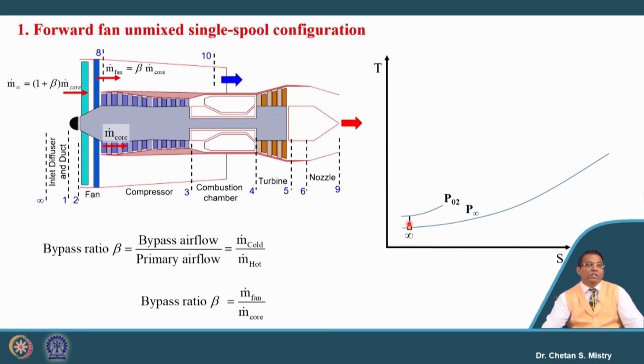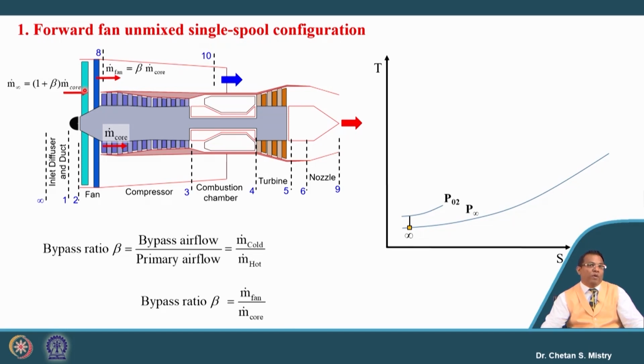Remember one thing, as we have discussed earlier in the turbojet engine also, at the entry of the engine, let it be fan or let it be compressor, the flow needs to be subsonic. Let the aircraft be flying at supersonic speed, but at the entry the flow needs to be subsonic, meaning I need to decelerate the flow from supersonic to subsonic.